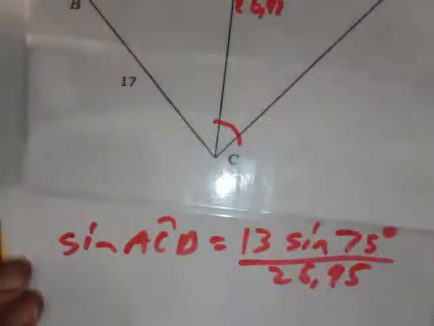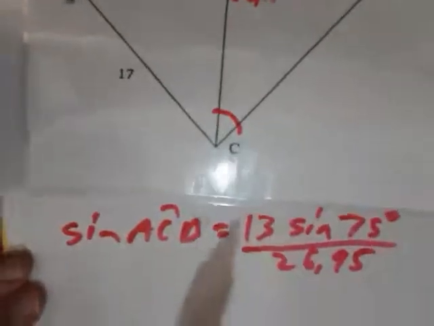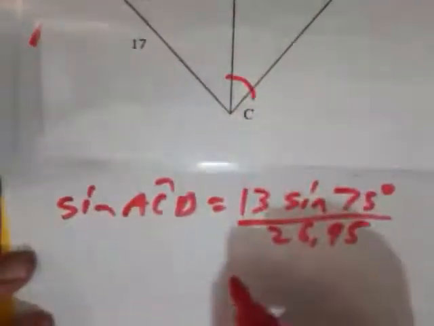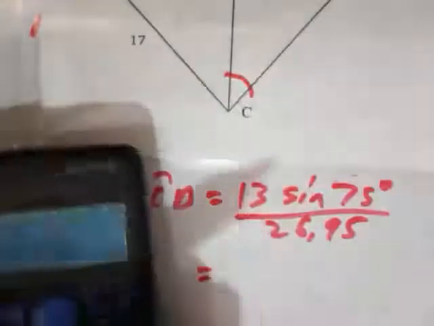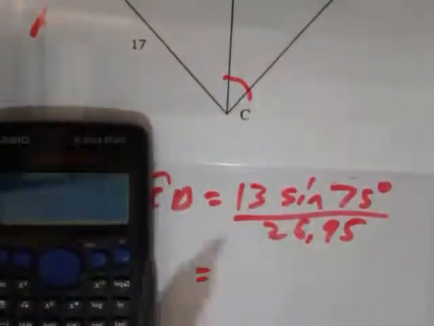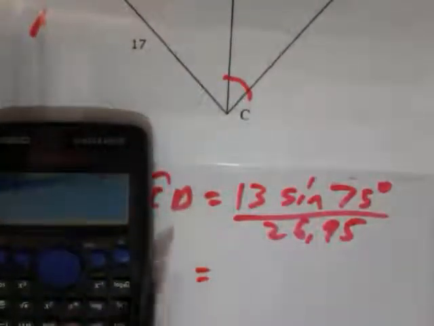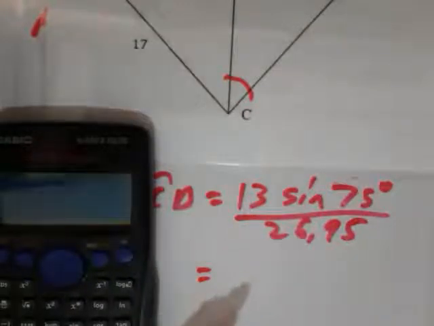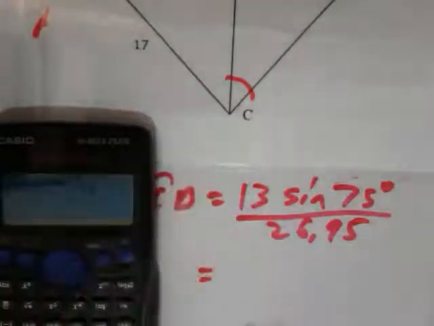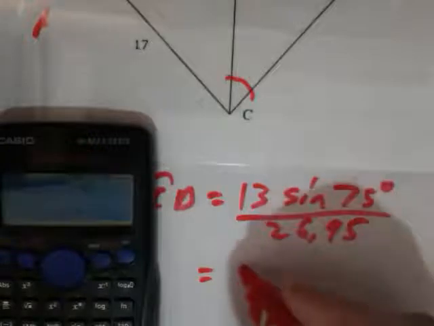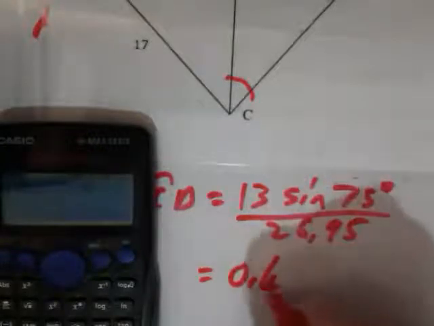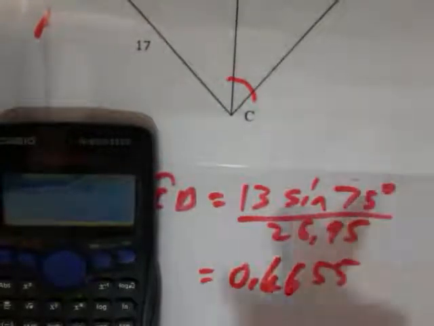So we don't have to worry about subtracting it from 180. Okay, so let's just work this out. So it will be 13 sin 75 divided by my M, which I stored, which is 0.4655.